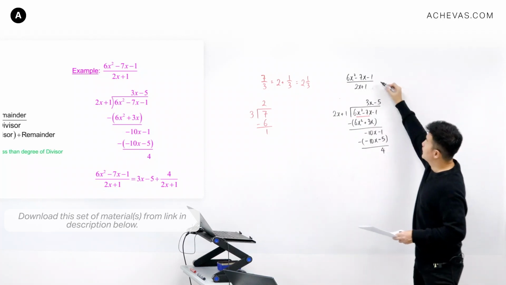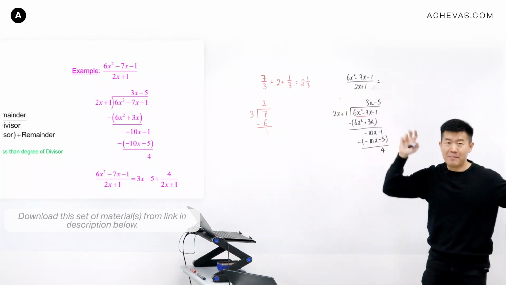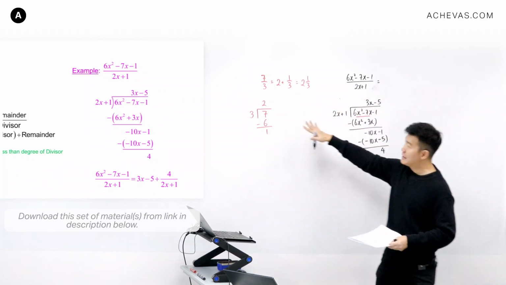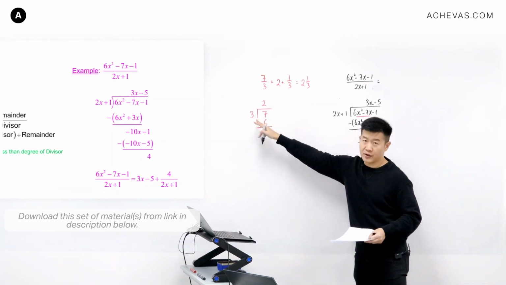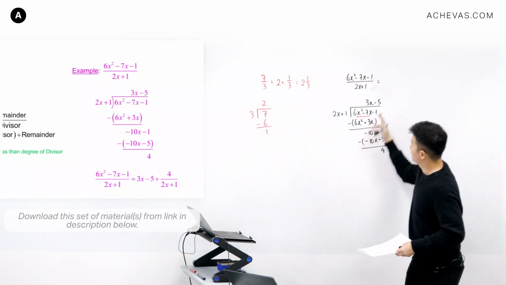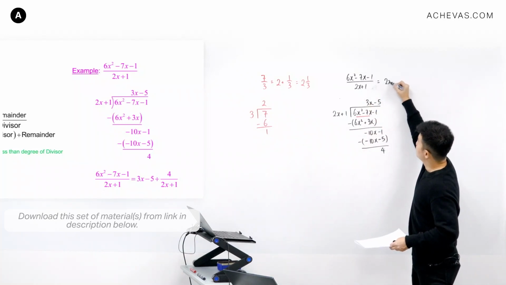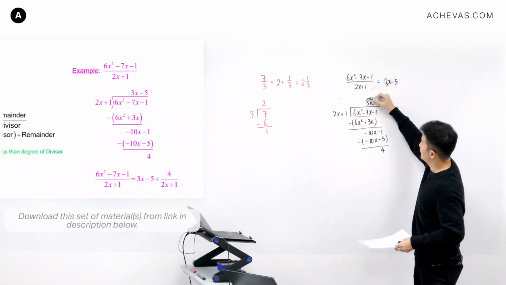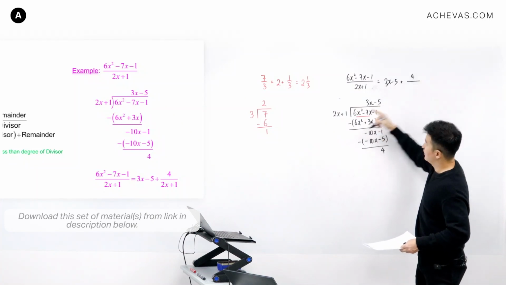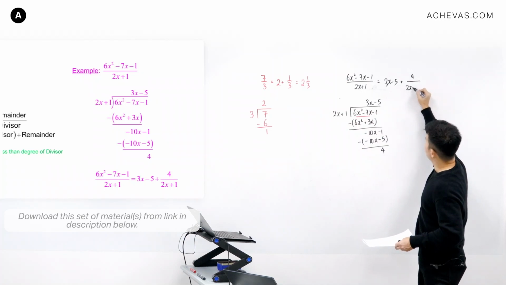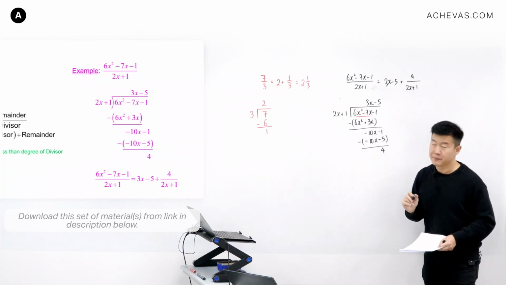Similarly, we can also rewrite this into the mixed number form. Again, using this as a reference, 2 plus 1 over 3. So it is this expression here, which is going to be 3x minus 5, plus the remainder, which is 4 over the divisor, 2x plus 1.